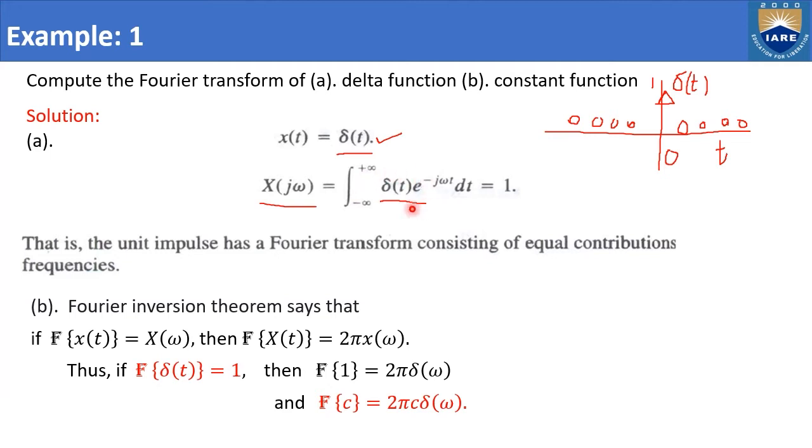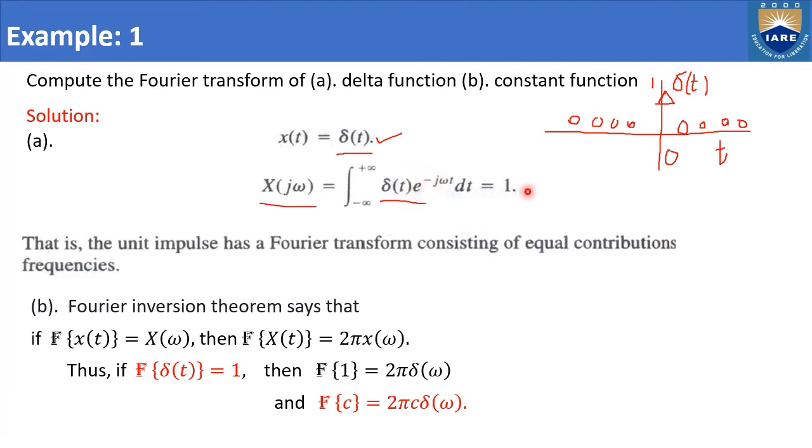So if I take the total area, 0 plus 0 plus 0 plus 1 plus 0 plus 0, the integration of delta t dt is equal to 1, because e to the power of minus 0 is already 1.